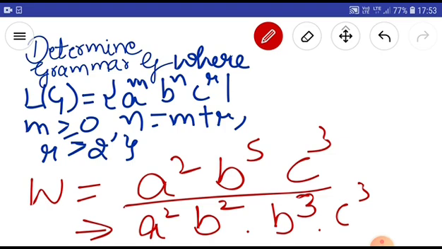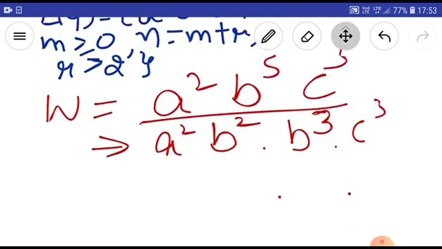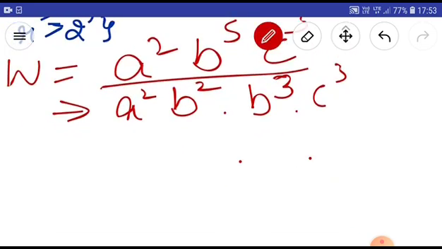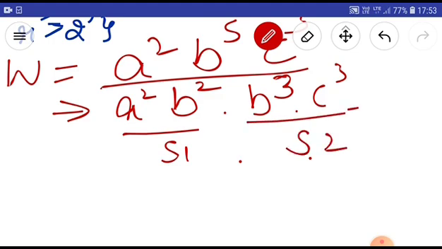Now I am going to make the production such that S1 is responsible for producing A square B square, and S2 is responsible for producing B cube C cube. If S1 produces A square B square, it means an equal number of A's and an equal number of B's after it.